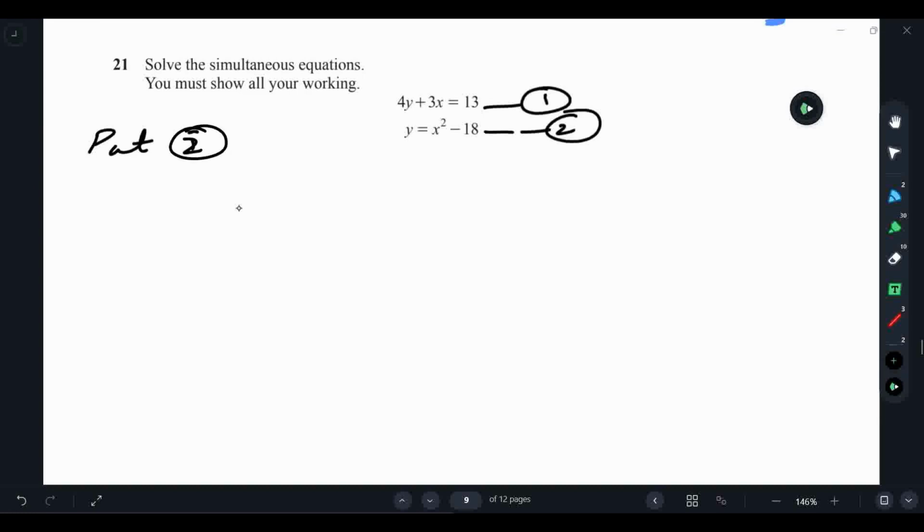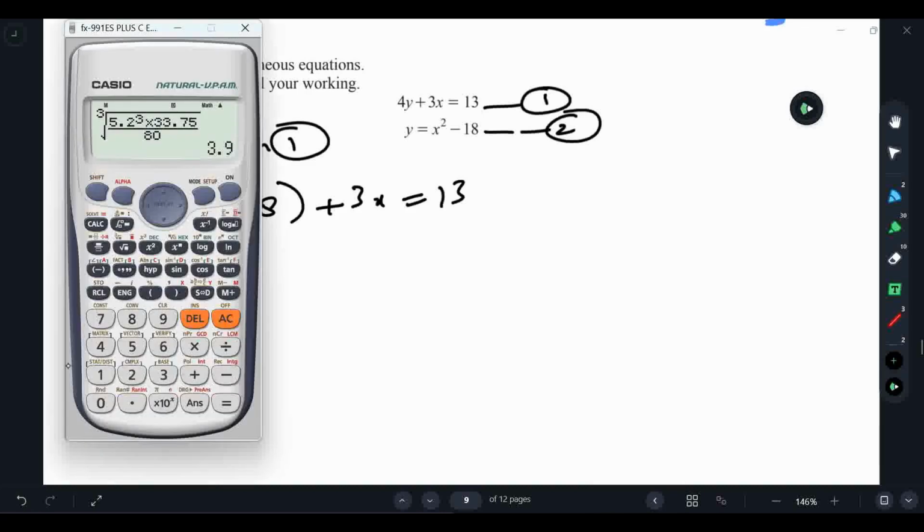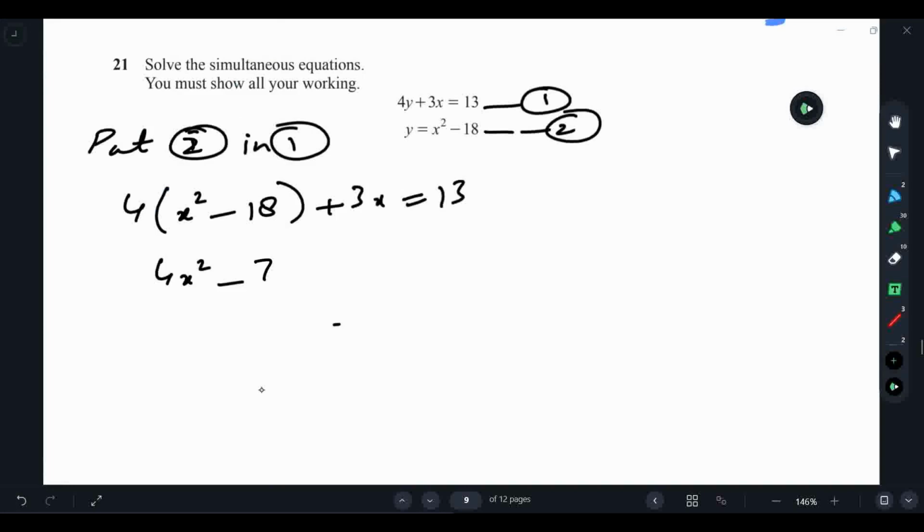Put equation 2 in 1. So this will be 4 into x square minus 18 plus 3x is equal to 13. So 4x square minus 4 into 18. So 4 multiplied by 18 will be equal to 72. So 72 plus 3x minus 13 is equal to 0.